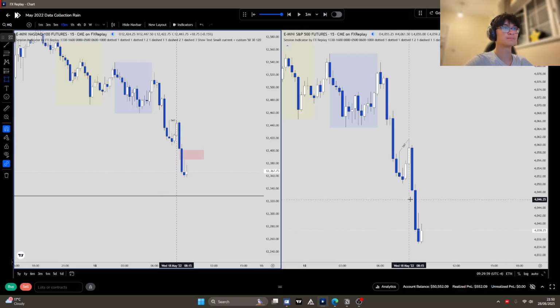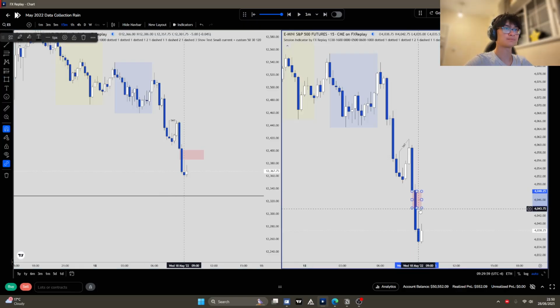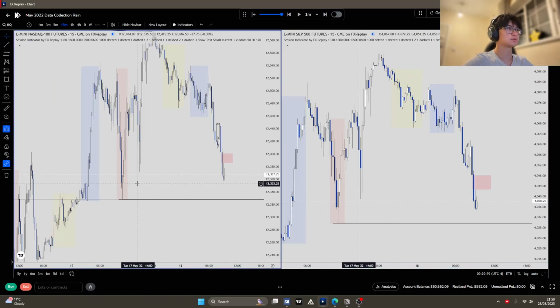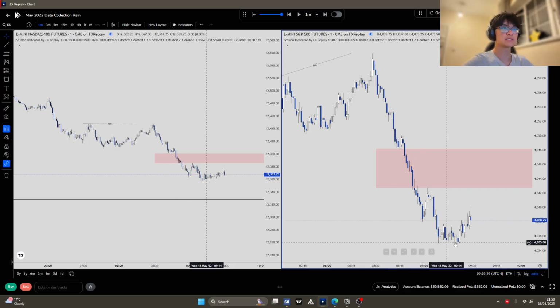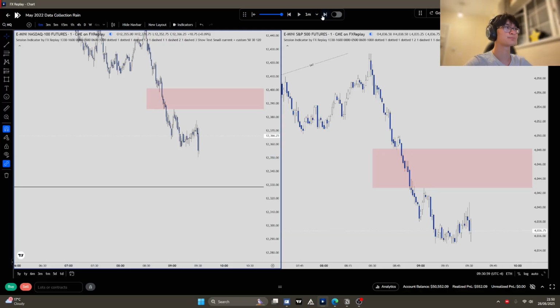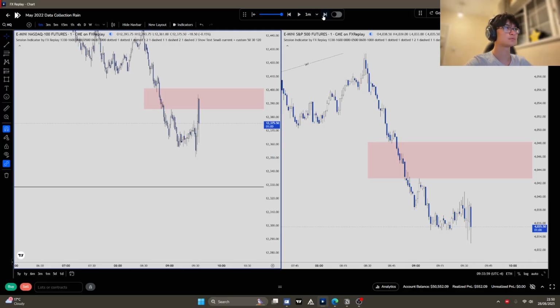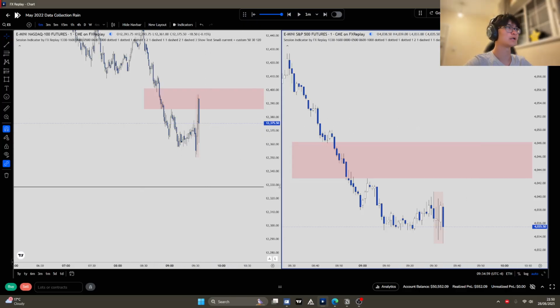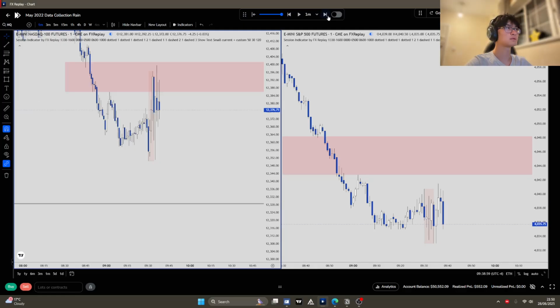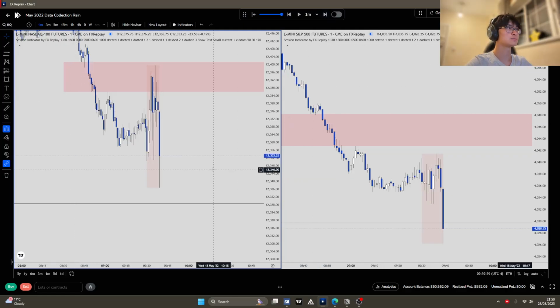So 15-minute gap here. And now we are towards that. Yeah. So I want to see internal manipulation above this high, and that would be great. Okay. Do get that ES is weaker. And that's the draw.